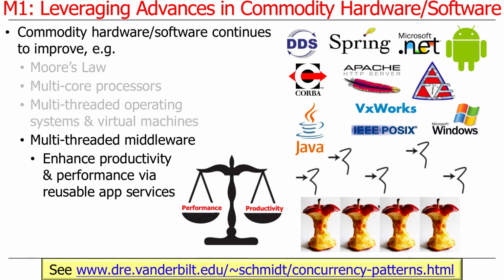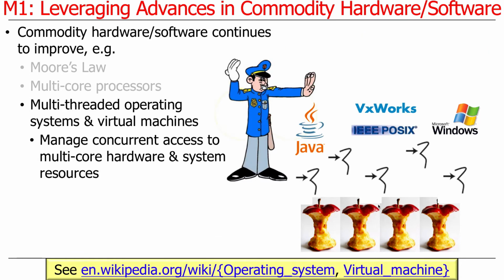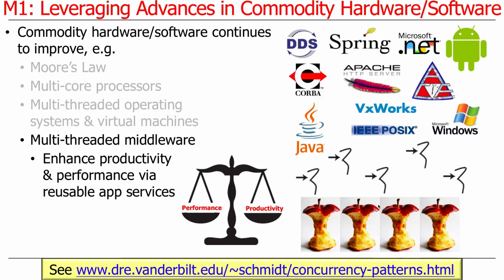Something else that's now quite well multi-core and multi-thread enabled is middleware. Operating systems, as you probably know, include things like Windows and Linux and Java and VxWorks and so on. The operating systems typically provide a hardware abstraction layer that shields the applications and system services from details of the underlying hardware.